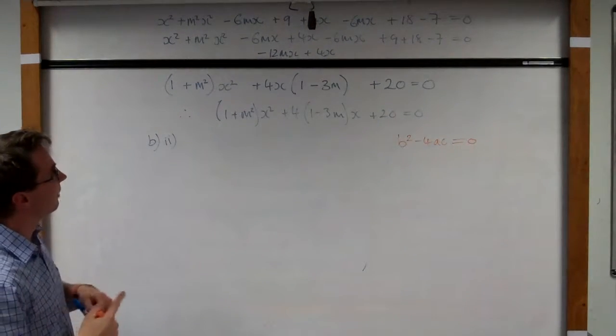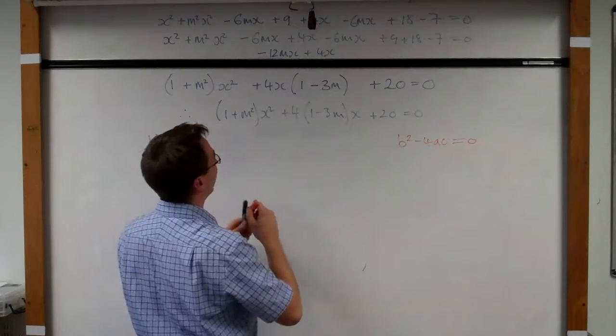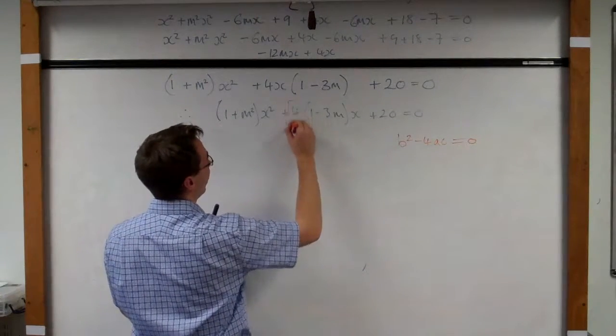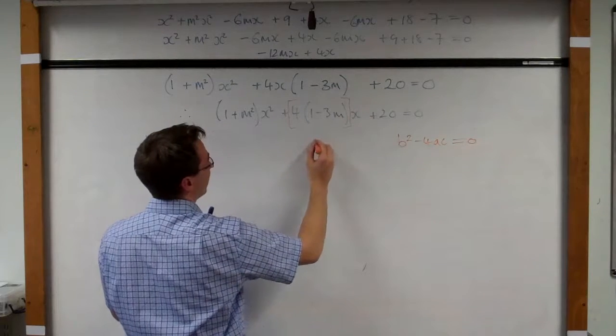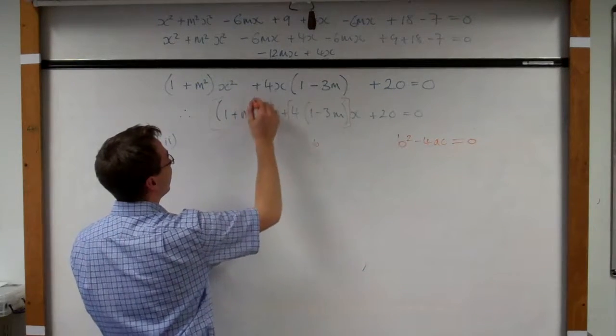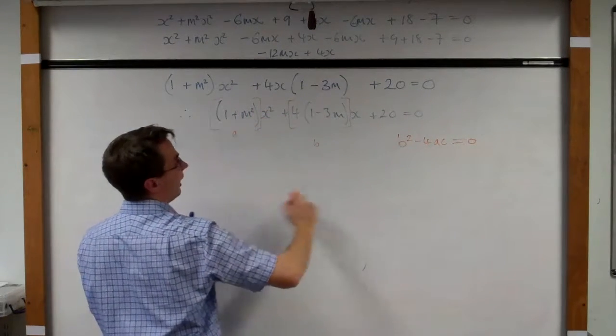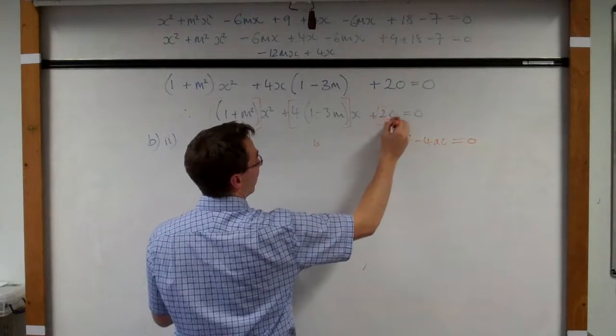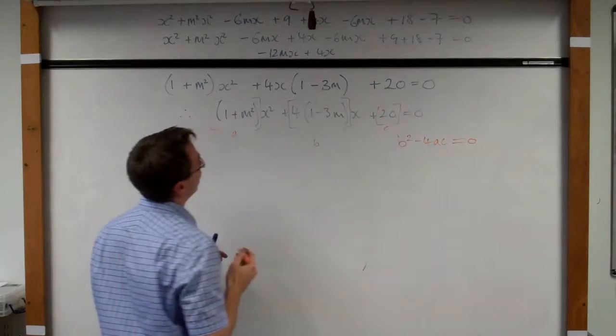So, looking at the bit above, this bit here, that's all my b. This bit here, that's all my a. And then obviously this bit is my c.